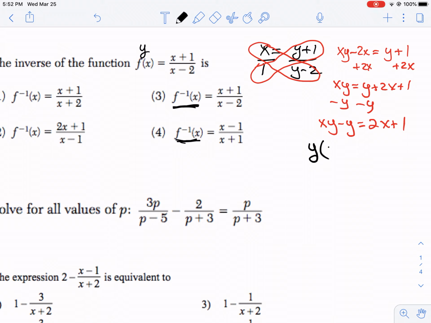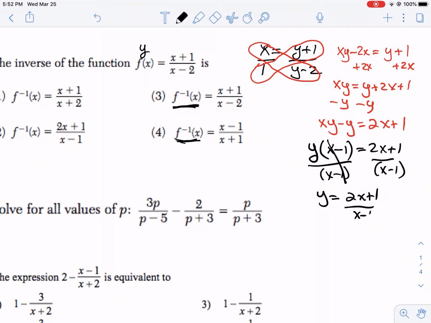If I factor out a y, I get an x minus 1. Now I have a single copy of my y, and to get it by itself, I divide by the x minus 1 and get rid of it. So y is equal to 2x plus 1 over x minus 1, and of course that was the inverse, so we can rewrite it in inverse notation.